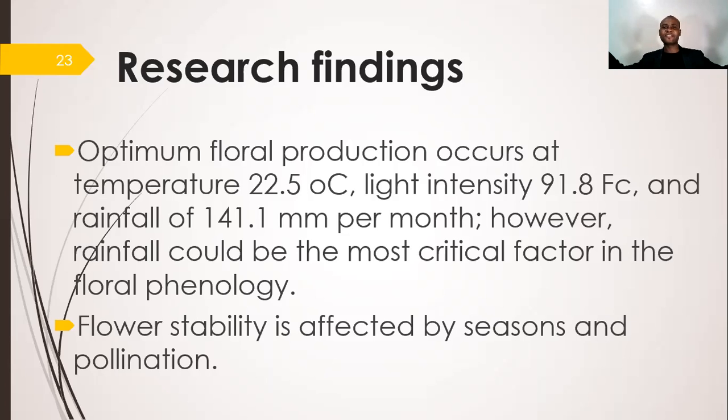So what happens is for irrigated farms, they have two peak seasons in a year. Why? Because the amount of rainfall, the amount of water or moisture in the soil, is always the same. So it doesn't matter whether it's December or June, the farmers always have a good harvest.